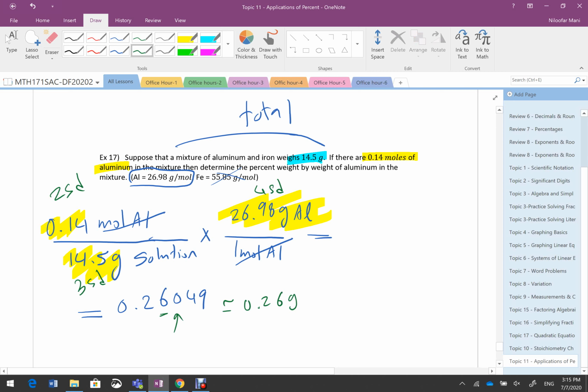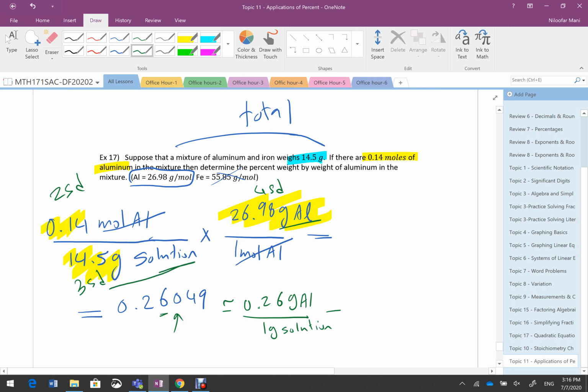Okay, so gram per 1 gram of solution. Remember, if I cannot cancel units, they all stay. So mole and mole cancel, but gram of solution stays, gram of aluminum stays. Both of them stay.